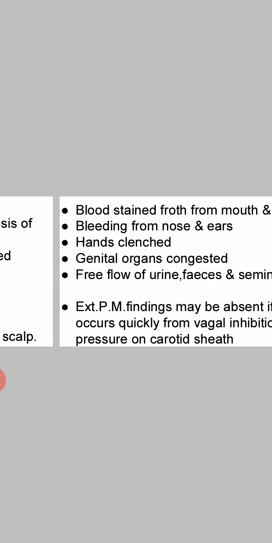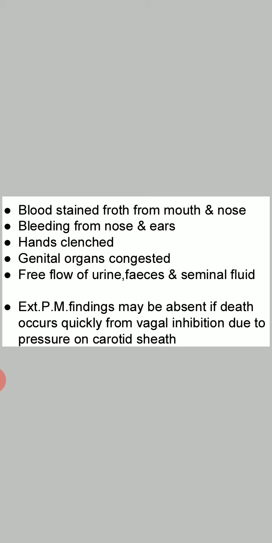You will find a few more findings like blood-stained froth from mouth and nose, bleeding from the nose and ears, hands are clenched, genital organs are congested, free flow of urine and feces, that is incontinence of urine and feces, and seminal fluid in case of the male body.